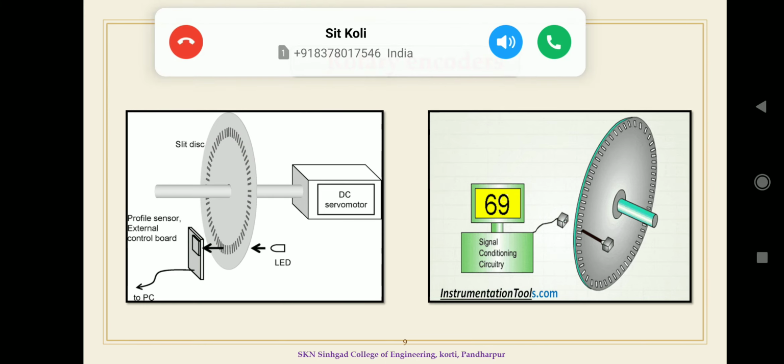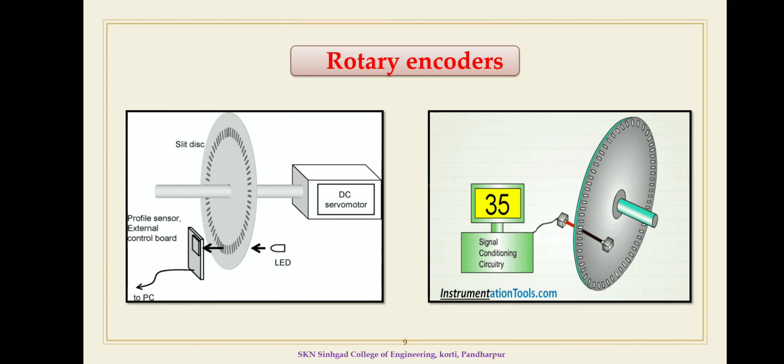So in the construction of a rotary encoder, the optical encoder consists of the following three basic components: light source. The LED acts as a light source. The light source has an LED lamp for focusing the light rays on the disc. Then the rotary disc.